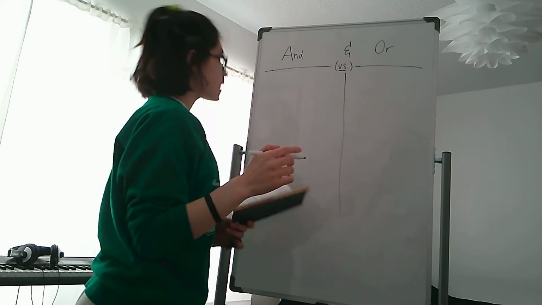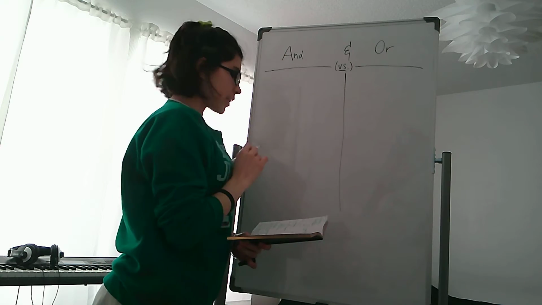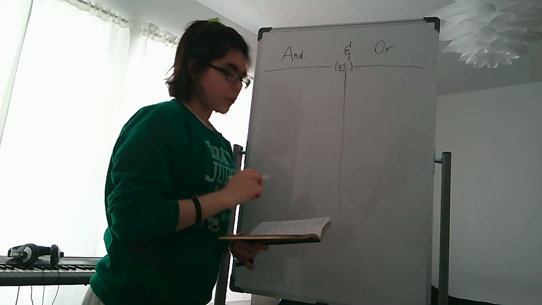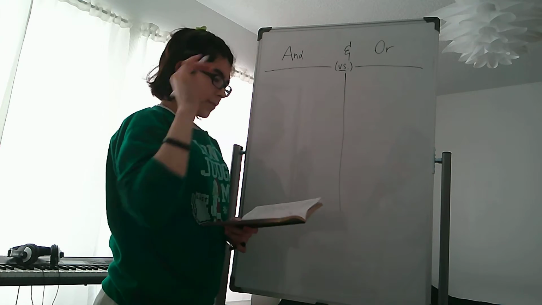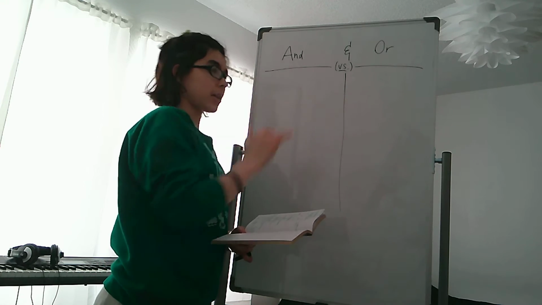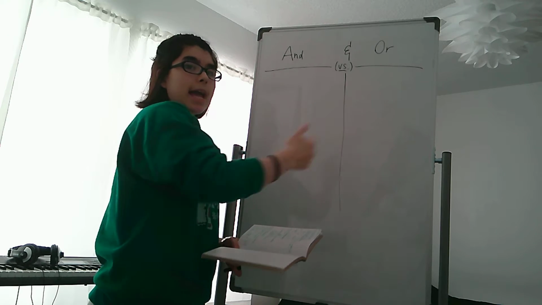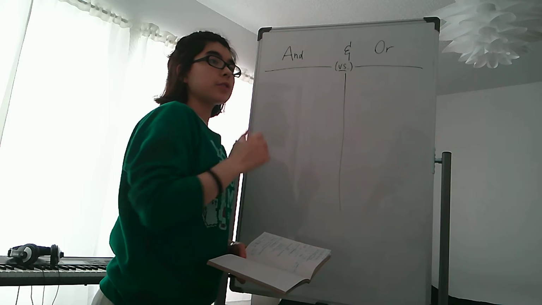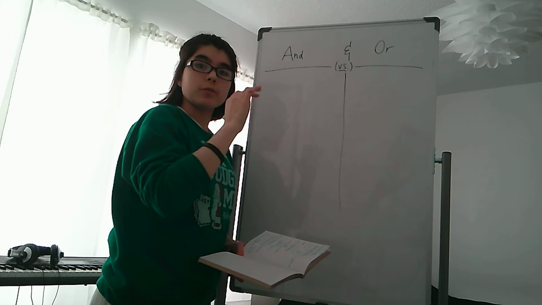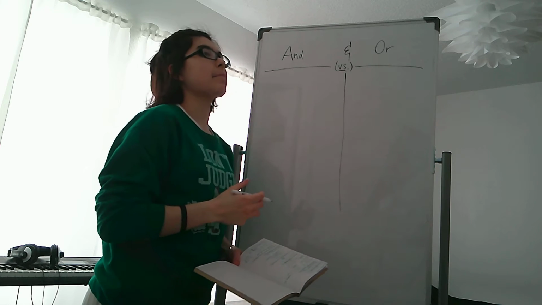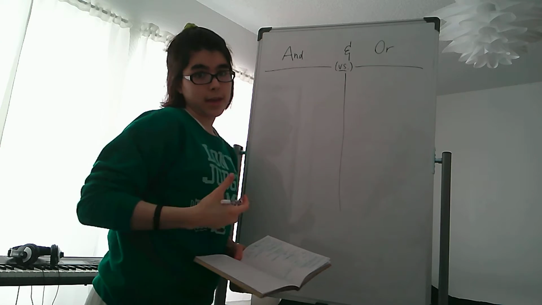So the main thing with an and inequality, as the name suggests, you're going to find all values of the variable that make both inequalities true, right? So if you have A and B, you want to find the solutions that make A and B true.